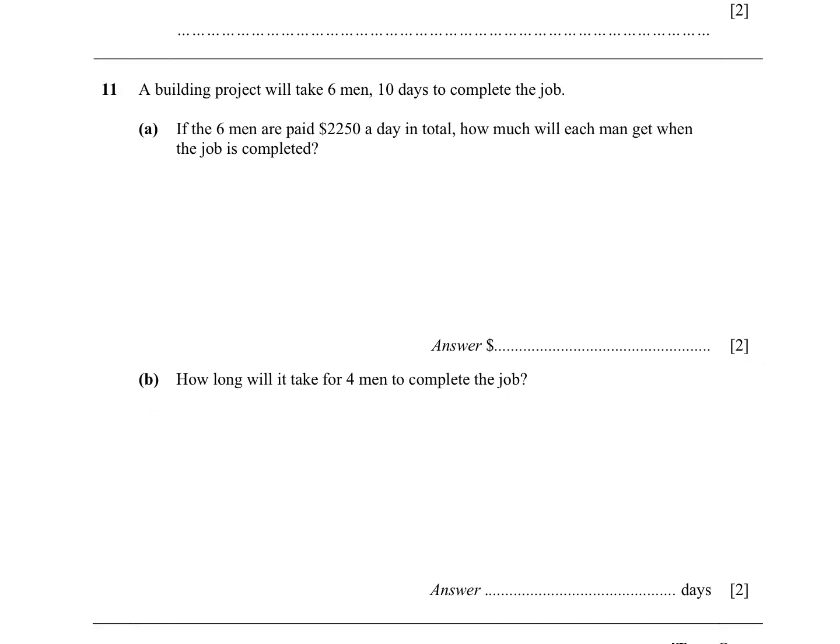Okay, when you look at this kind of question, remember in lower sec, it's a proportion question, direct or inverse proportion. So you need to think, more men means more time to complete the job or less time? Less time, because you have more people working, you take lesser time. So inverse proportion. So 6 men, 10 days. So 1 man, you divide by 6 here means you must times 6 here because they are inverse proportion.